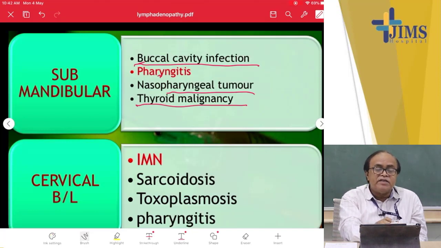You may get submandibular enlargement. Then cervical, bilateral, means neck. If both sides lymph nodes are palpable, that may be due to infectious mononucleosis, sarcoidosis, toxoplasmosis, pharyngitis.